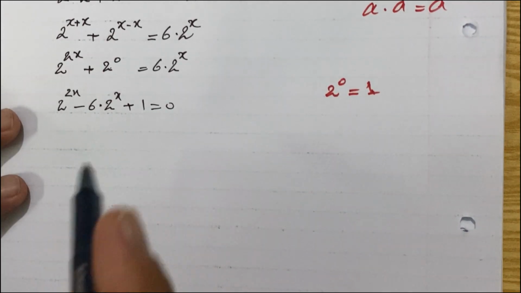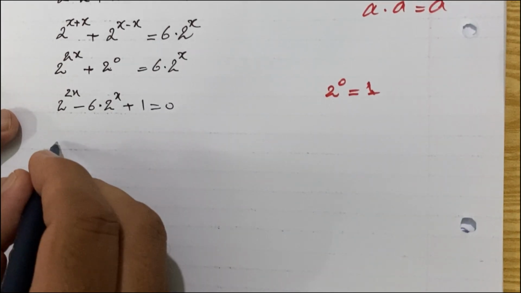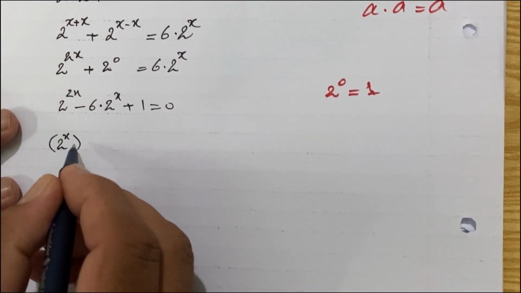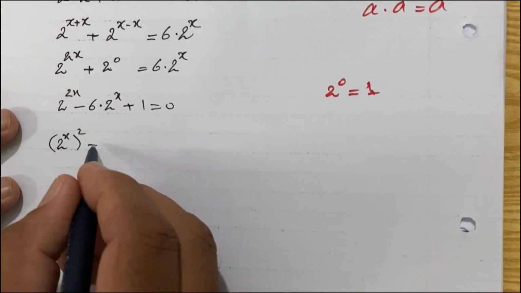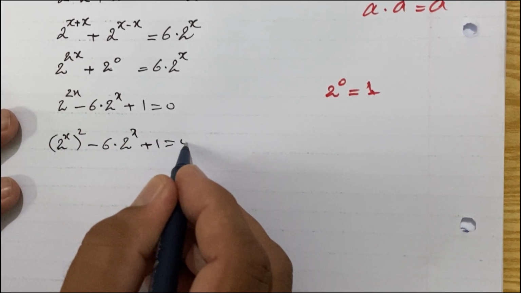Now putting, (2 raised to the power x) whole square minus 6 into 2 raised to the power x plus 1 is equal to 0.